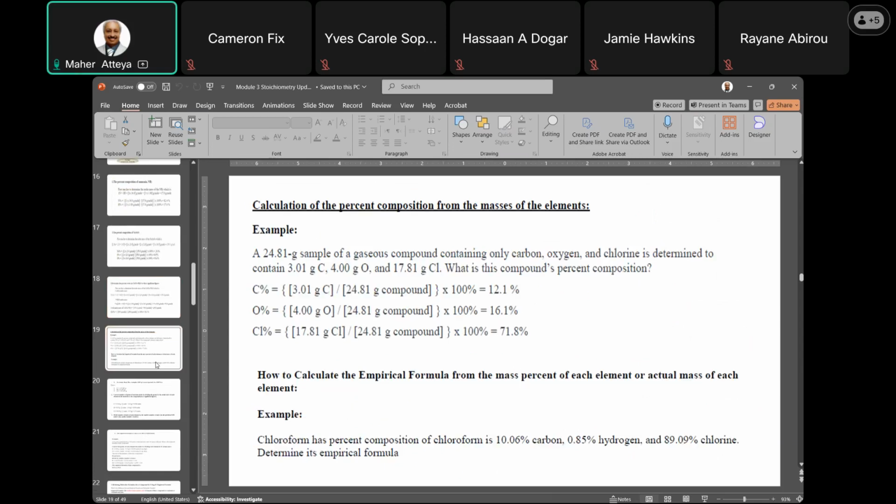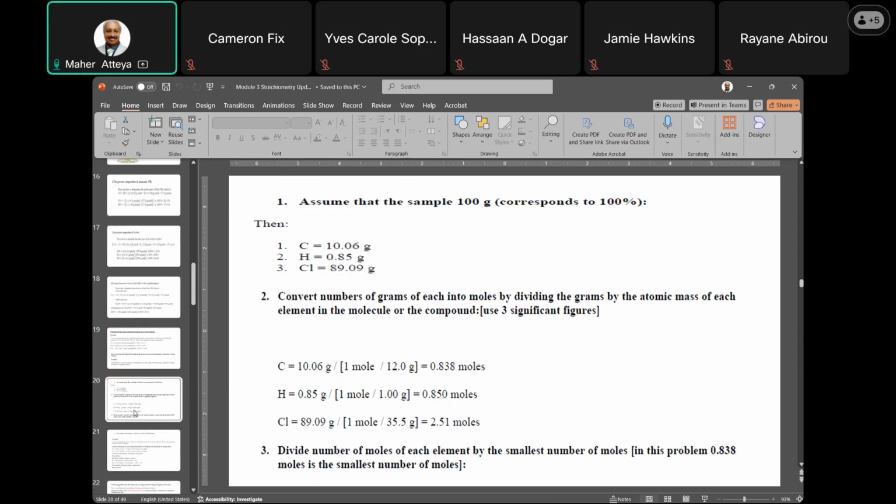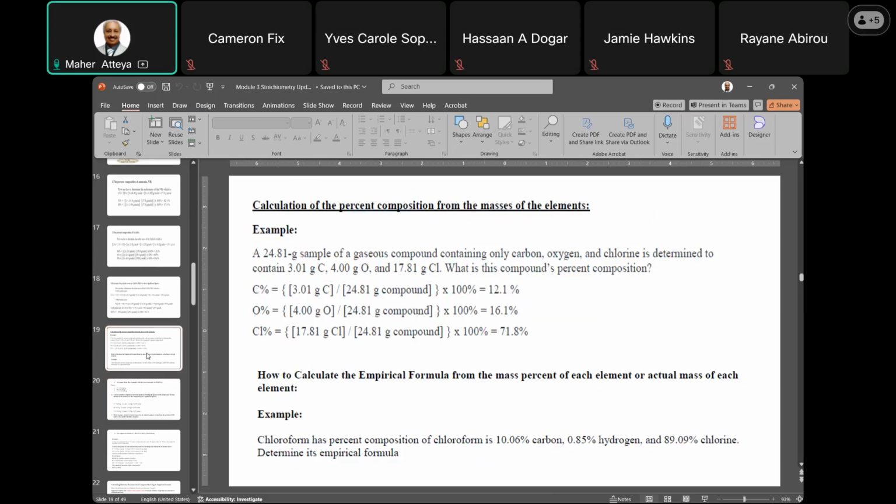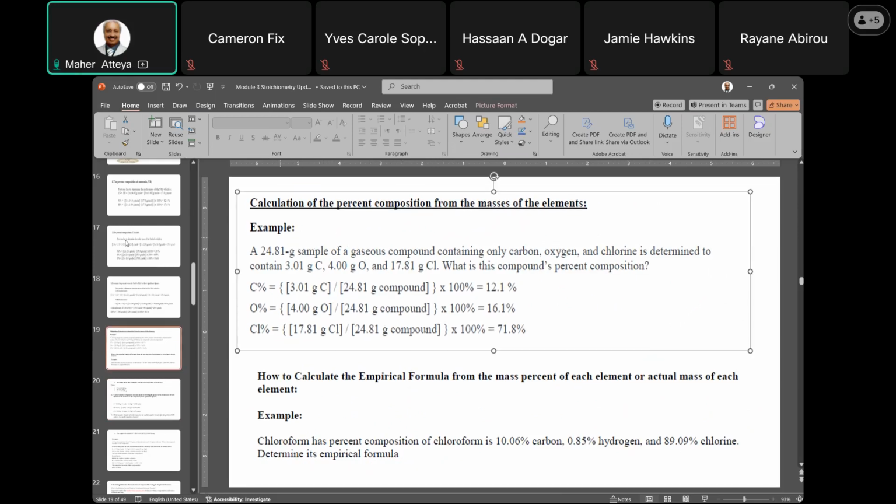Okay, this is the same thing here, the percentage. I want to go and look at the empirical formula here. Okay, so here it is. We need to get the empirical formula of a compound. Let's look at the sample here. This sample has this amount, correct?